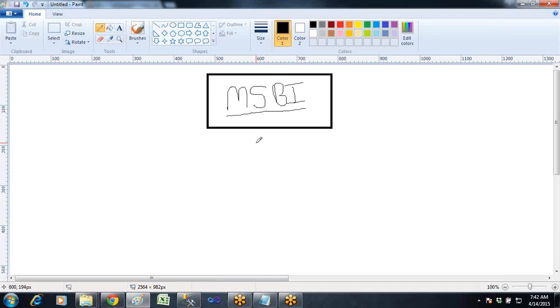In this particular situation, MSBI is popular because of three individual tools. What are those three individual tools?